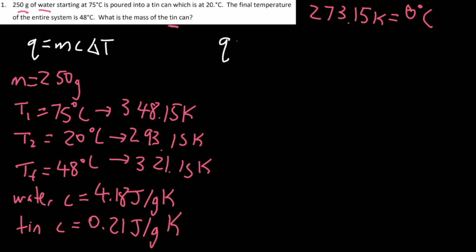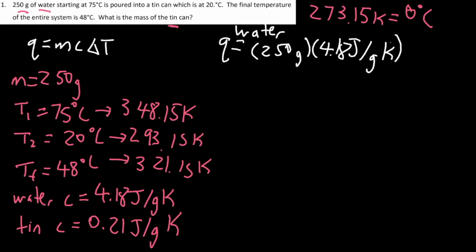So first, let's calculate the temperature and the Q value of water. So for water, we have Q equals 250 grams. This is multiplied by the specific heat capacity of water, which is 4.18 joules per gram Kelvin.